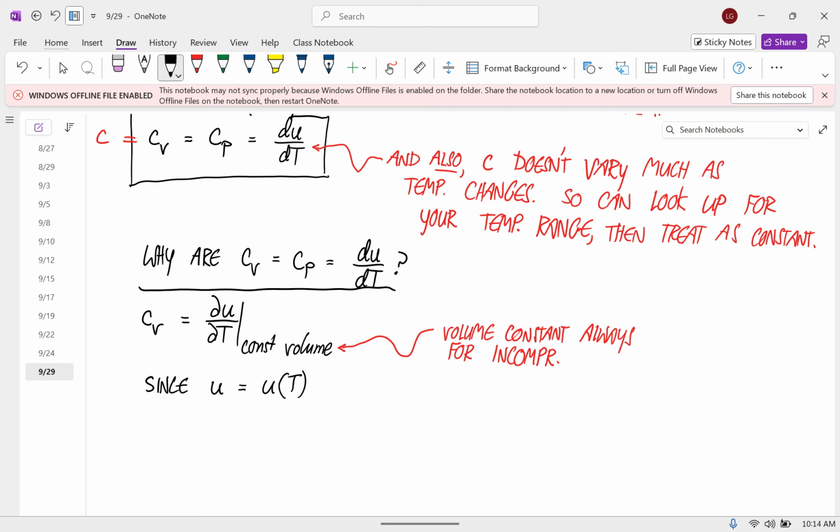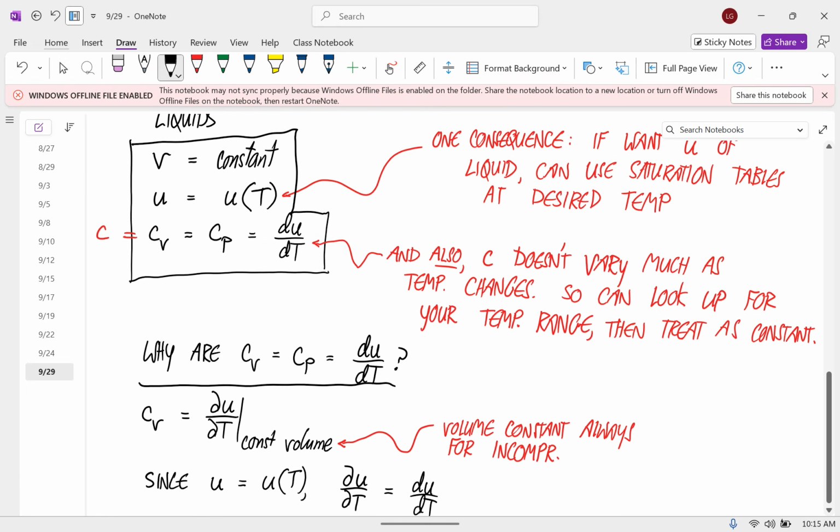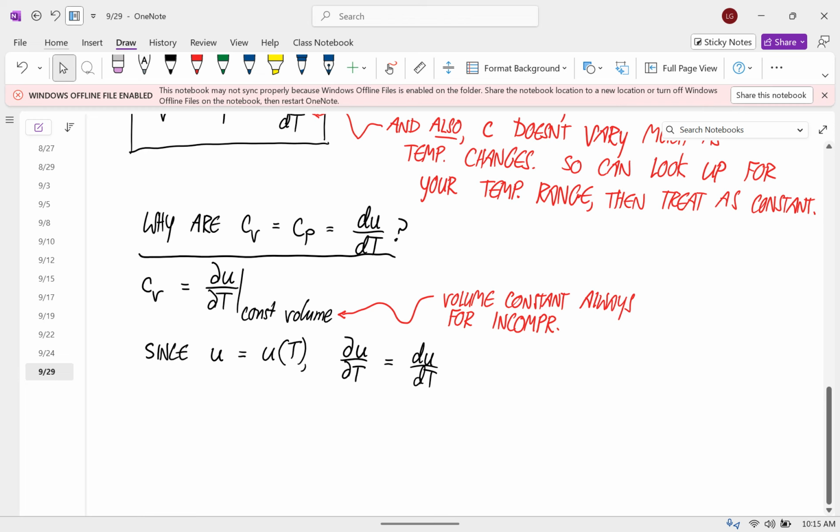That's what a partial derivative is. Okay. So du dt, or partial of u with respect to t, is just equal to du dt. So that one's pretty easy to see, just based on our treating the specific internal energy as a function of temperature alone.